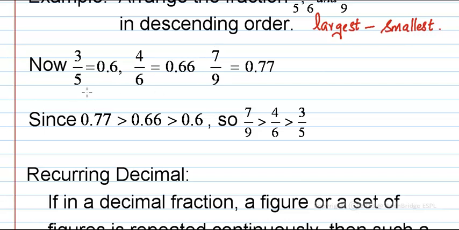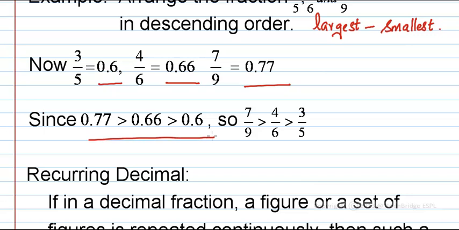When 3 is divided by 5, you will get 0.6. In the same way, 0.66 and 0.77. So now it is easy for you. 0.77 is largest, then 0.66 and then 0.6.